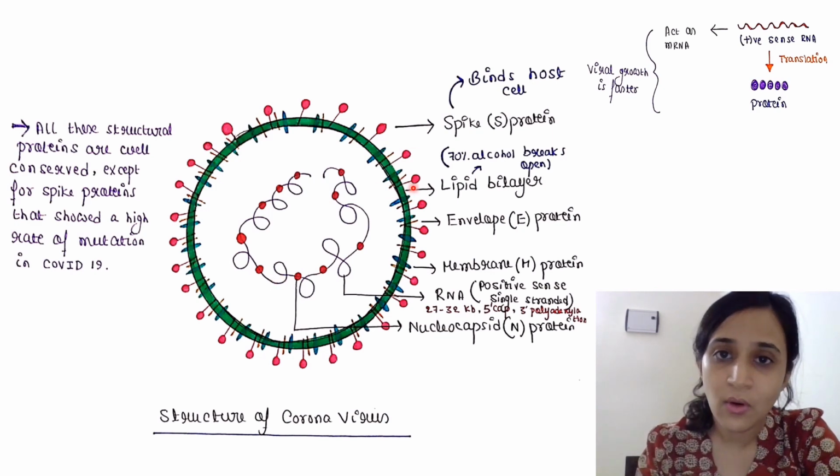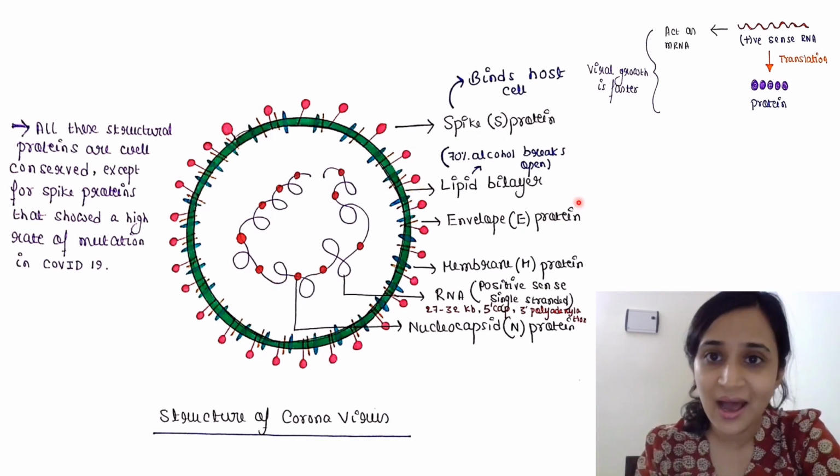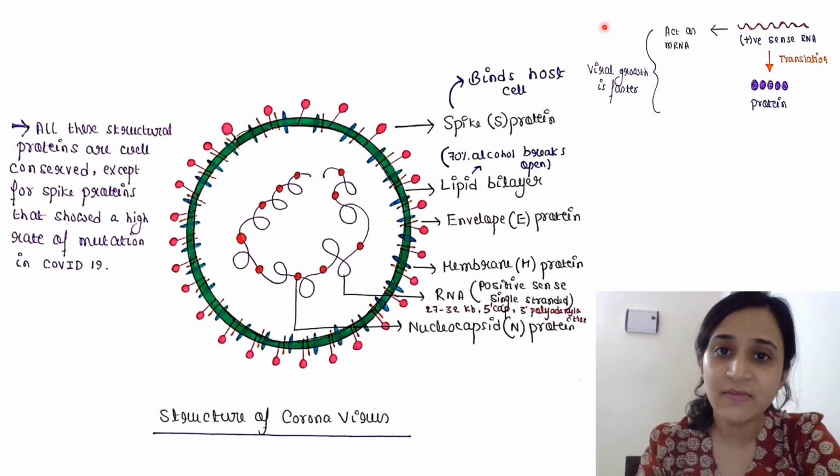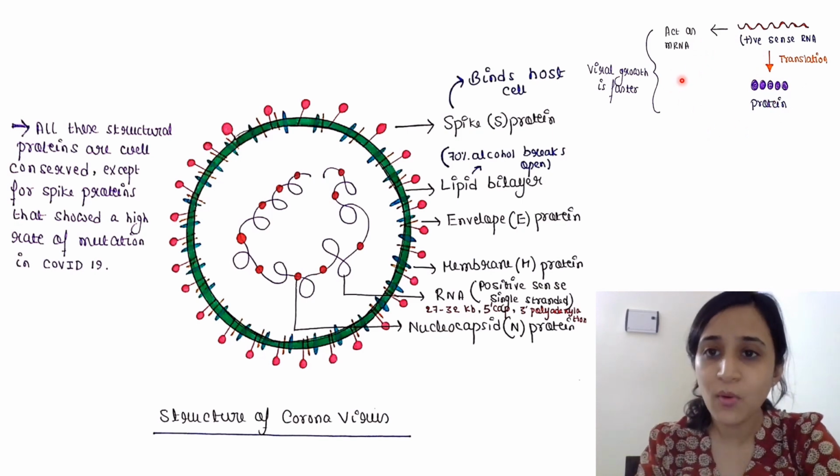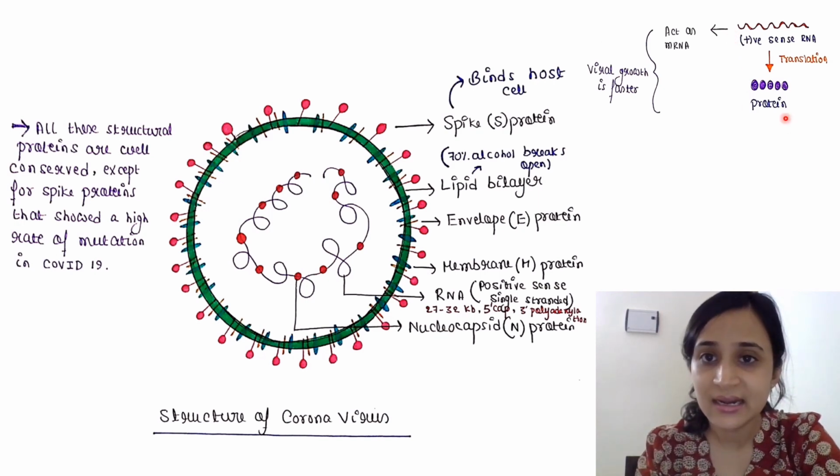Now, if you know what is positive sense RNA, then it is okay. But if you don't know what is positive sense RNA, I am explaining it here very quickly. So, positive sense RNA actually acts like an mRNA. It can translate proteins directly.